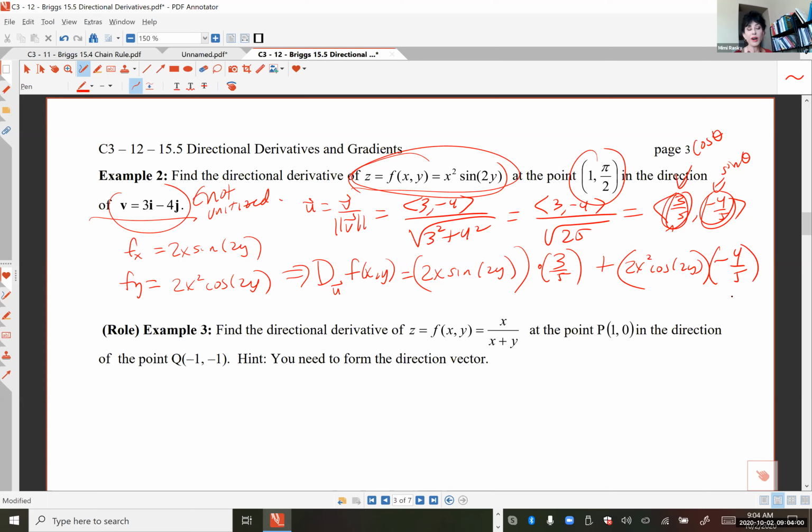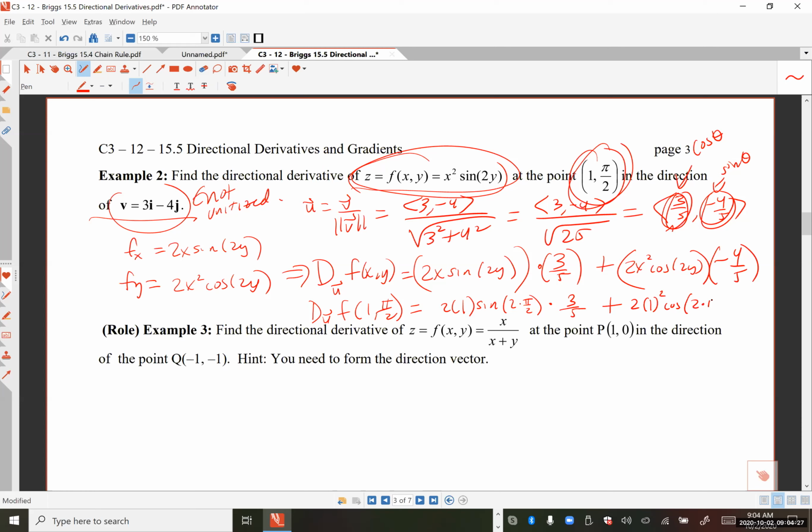They want you to find the directional derivative at this point, 1 pi halves. No problem. We're just going to substitute the coordinates, 1 pi halves, and you know the drill. Just start plugging stuff in here. Sine of 2 times pi halves times 3/5 plus 2 times 1 squared cos of 2 times pi halves times negative 4/5.